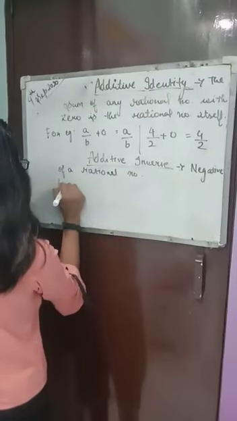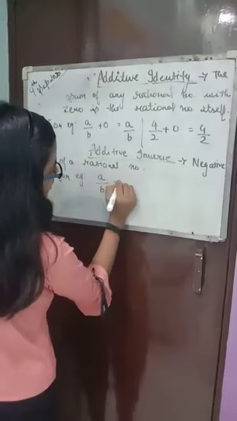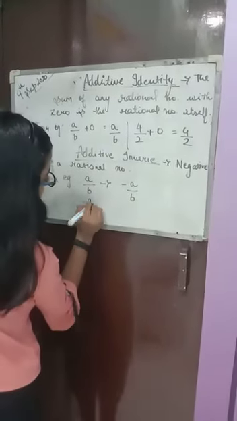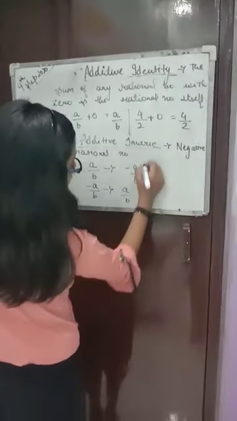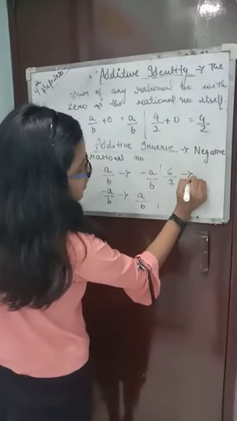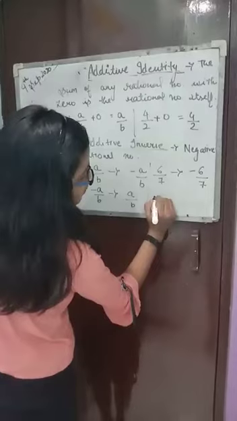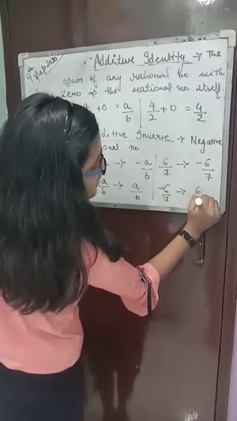For example, a by b, its additive inverse will be minus a by b. If minus a by b is given, its additive inverse will be plus a by b. A numeral example like 6 by 7, its additive inverse will be minus 6 by 7. And the additive inverse of minus 6 by 7 will be plus 6 by 7.